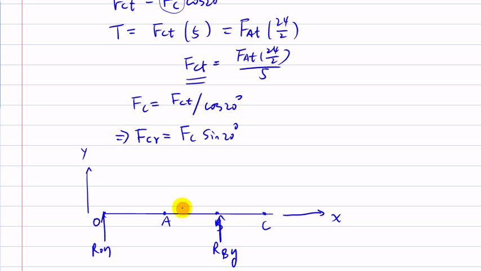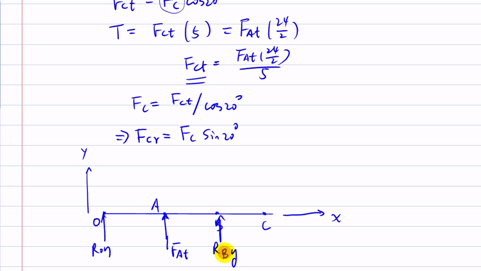At location A, you have the force on the gear. Should that be FAT or FAR? Because this is the XY plane, this should be the FAT, and the direction of AT is in the positive direction of the y-axis.